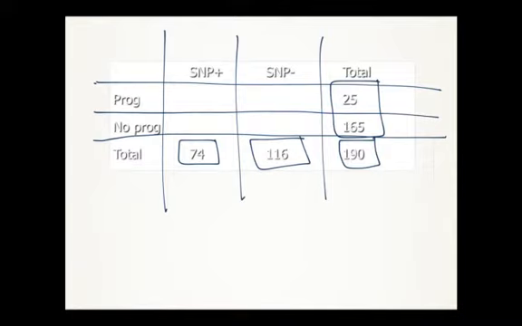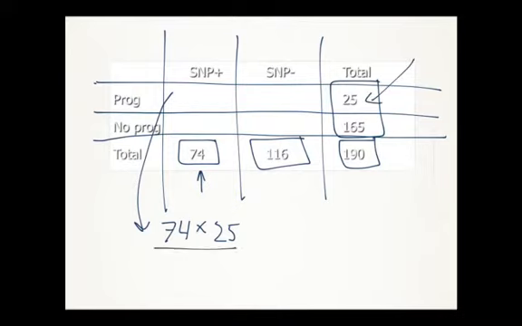Okay? So we can do a similar, I'm not going to go through the calculation for every cell, but if we were to do it for this cell, what would it be? How would we get the expected? Again, we're calculating the expected numbers in the table. Well, we would take 74, which is here, times 25, which is here, divided by 190, which is the total sample size, and it turns out that that gives us 9.73.